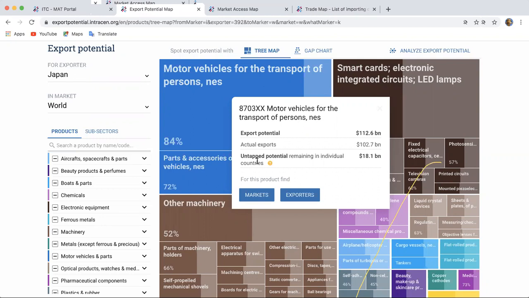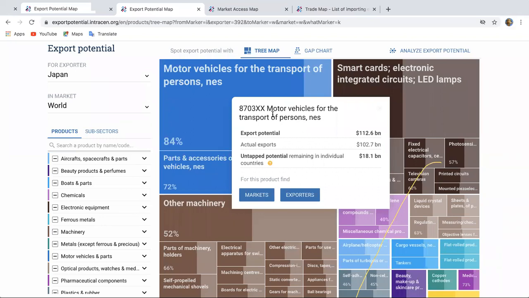Also, as you can see, the export potential is not simply adding actual exports and untapped potential together, because to start with, there are many different products underneath this product code.